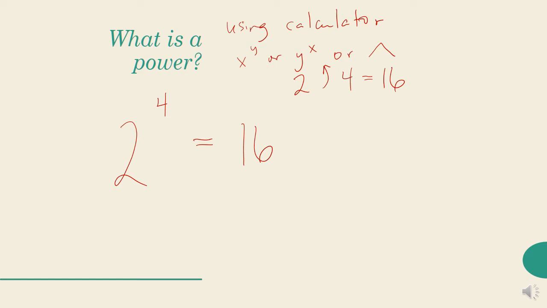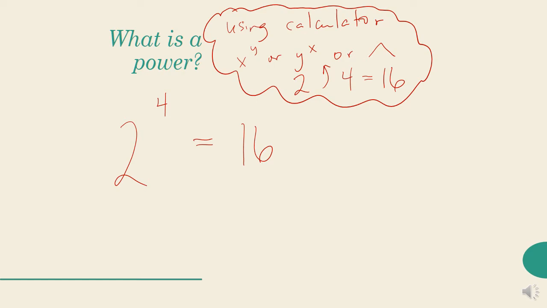If you're having any problems and you don't get that, or you can't find that button, you're going to have to ask me a question today at some point to make sure you know how to use your calculator, because that's a large portion of your test and being able to use exponents.